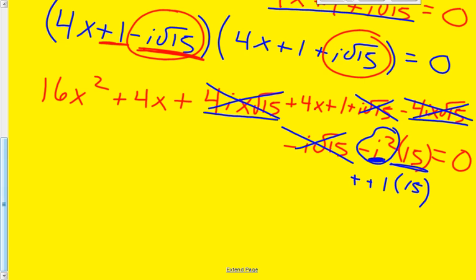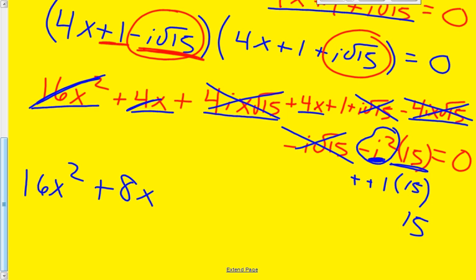So this just becomes 15. Combining like terms, 16x squared, 4x plus 4x making 8x, and our last one is 1 plus 15 making a positive 16.